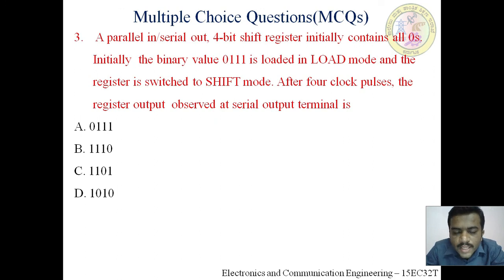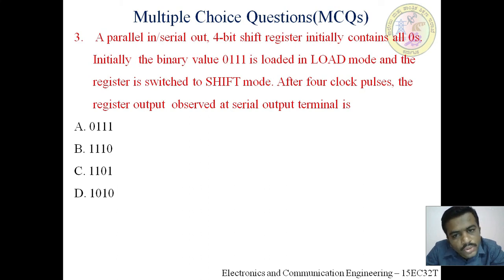After the second clock pulse, the next LSB, that is binary 1, is shifted out. Hence, after two clock pulses, value 11 will be shifted out. After the third clock pulse, the next bit, that is binary 1, will be shifted out. After three clock pulses, the value 111 will be shifted out.